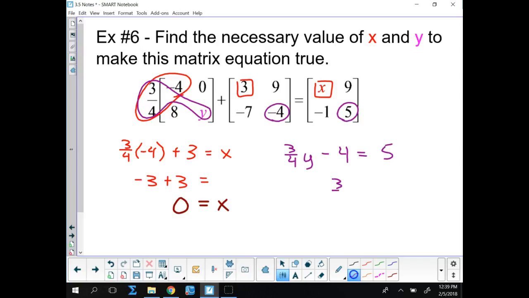That gives me 3/4 y equals 9. I could multiply by 4, divide by 3, or I could just straight up multiply by 4/3. Either way, y is equal to 12. Reciprocals.